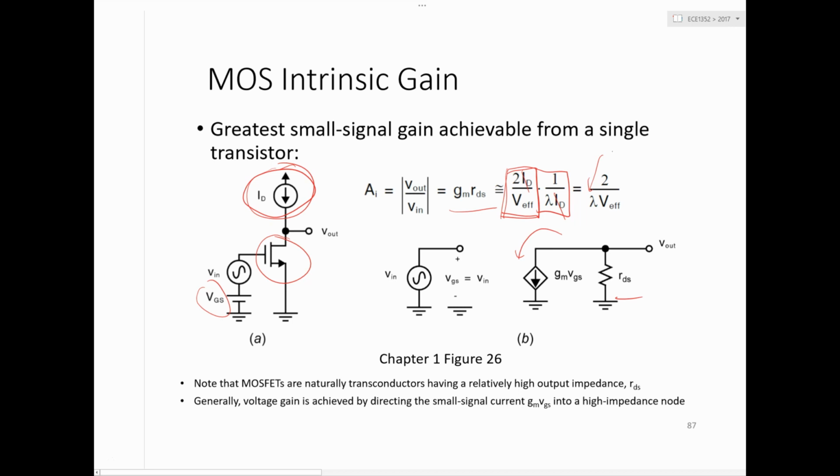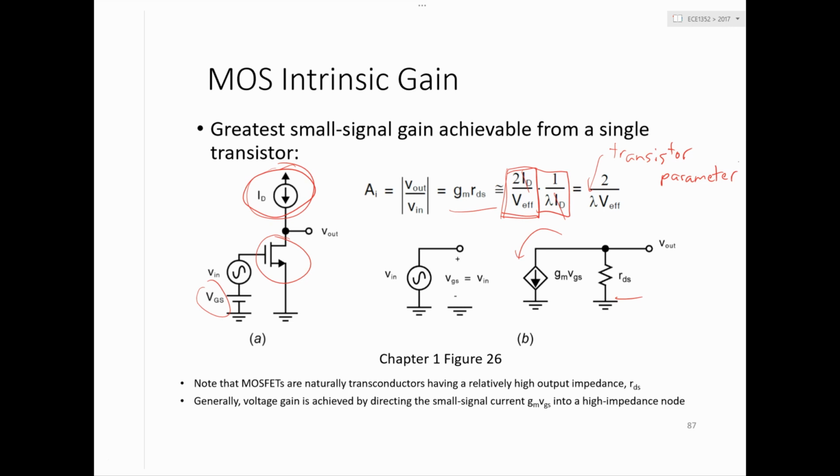Lambda is a transistor parameter which unfortunately varies quite a bit, but we don't have much direct control over it. The only free variable we have as designers is V effective, which we influence by changing the bias current and the W over L of the transistor.